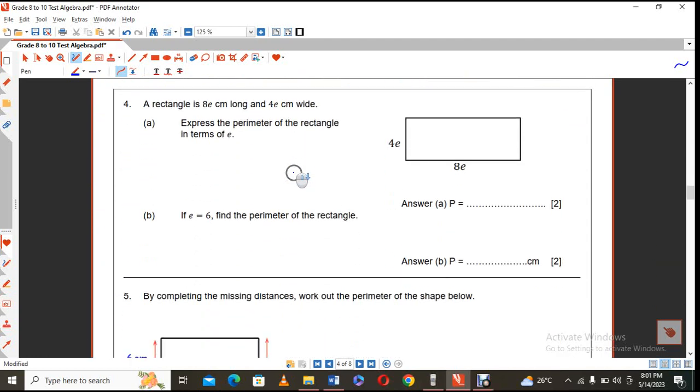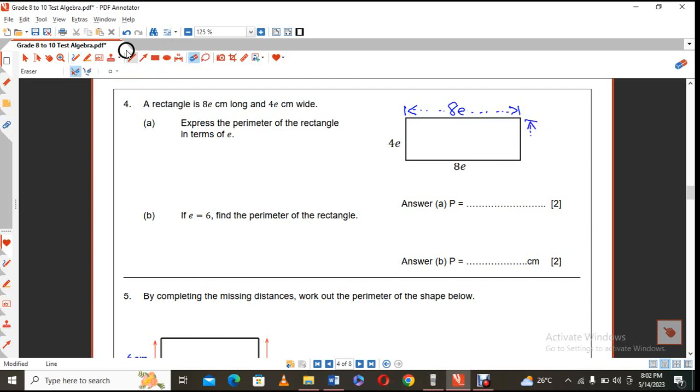Question 4, a rectangle is 8e centimeters long and 4e centimeters wide. So we ask you the perimeter of the rectangle. So I hope you know that the distance over here on top is also 8e, because the opposite sides of a rectangle are equal.